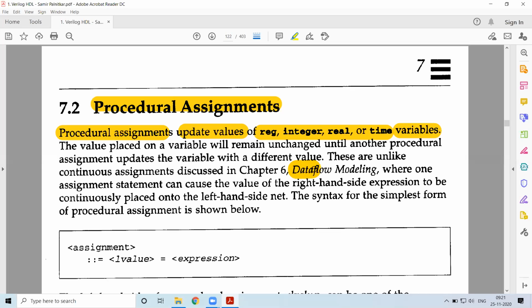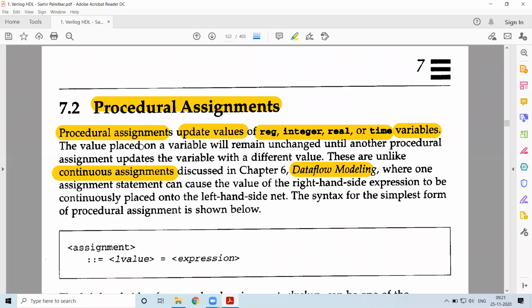In data flow modeling also we dealt with some assignments, like continuous assignment and implicit assignments. How is the continuous assignment in data flow modeling different from procedural assignments in behavioral modeling?